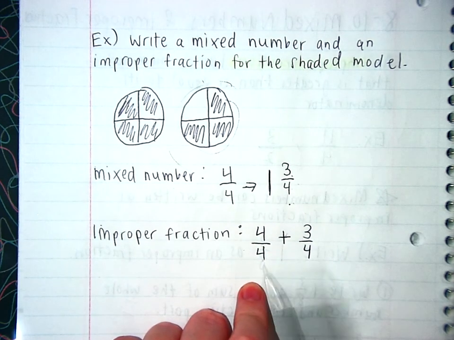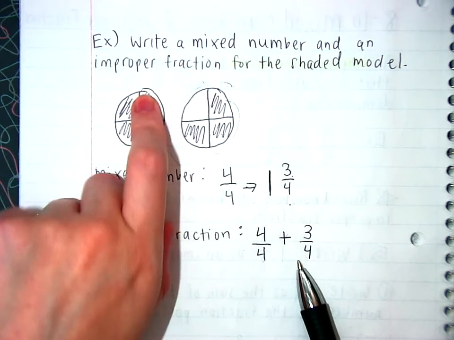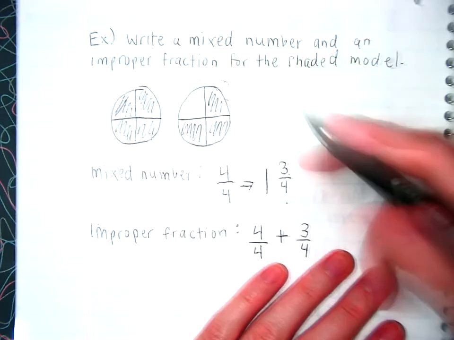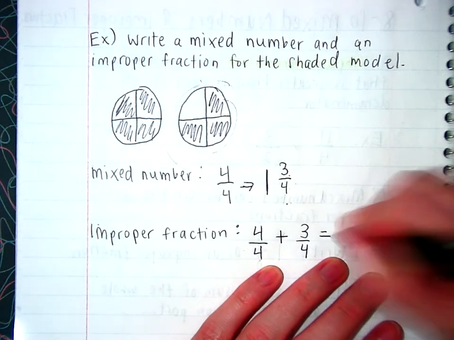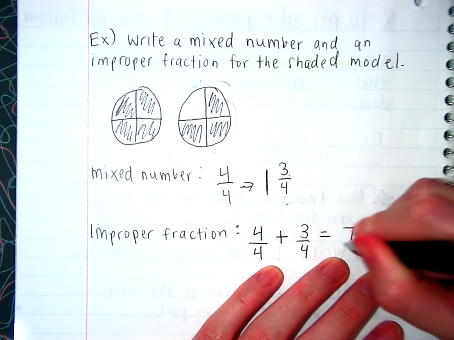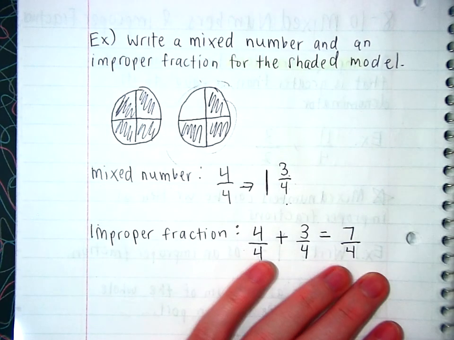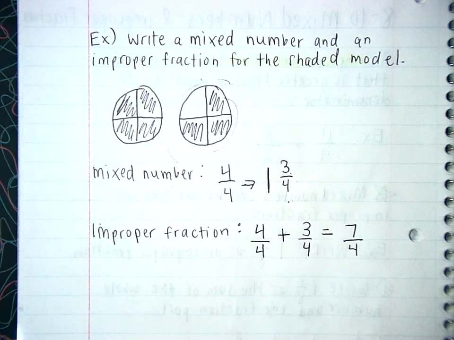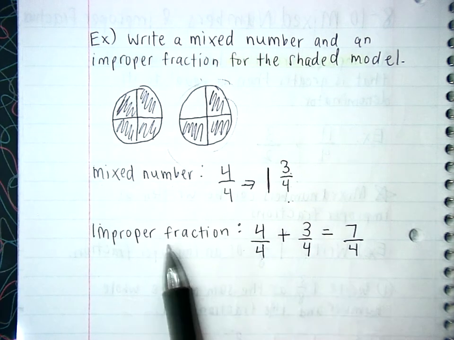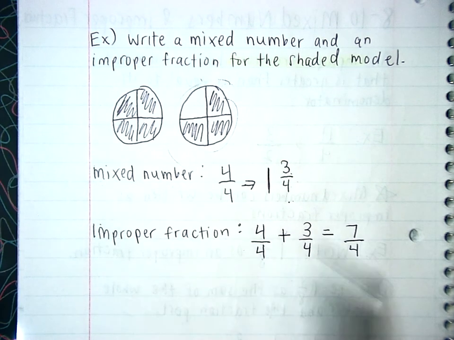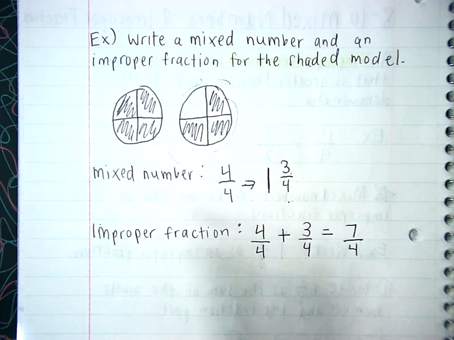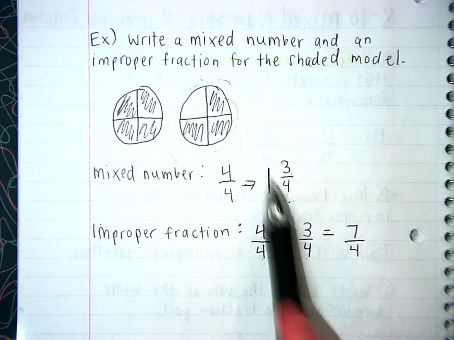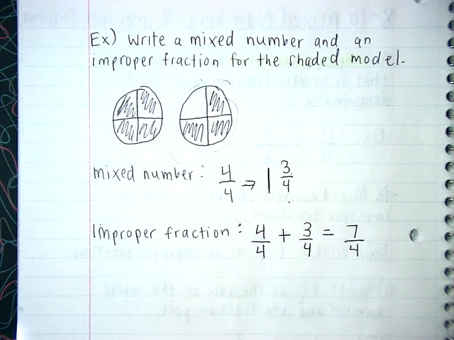The denominator stays as 4 because there's only 4 parts to each of the models. So you only add the numerator. 4 plus 3 is 7. And then you keep the denominator the same as 4. So the improper fraction for this model would be 7 over 4. And the mixed number would be 1 and 3 over 4.